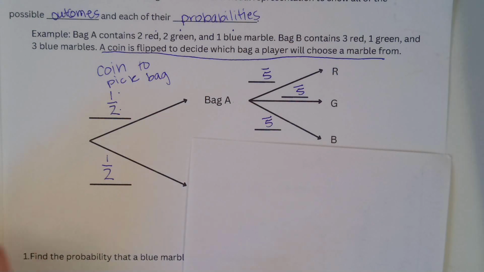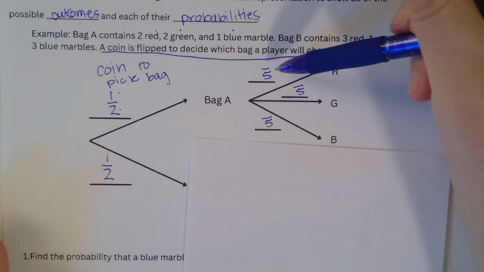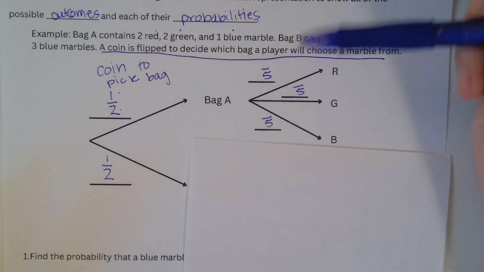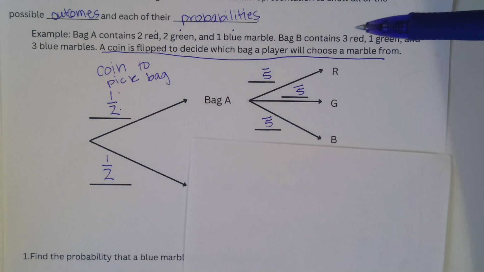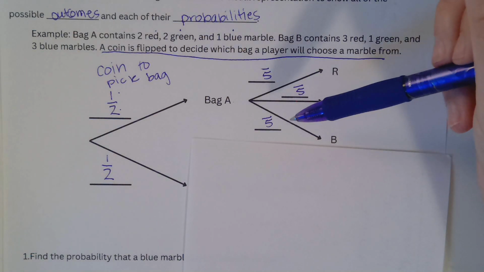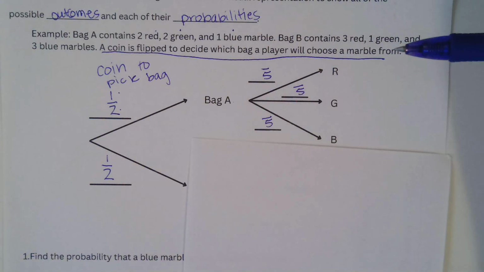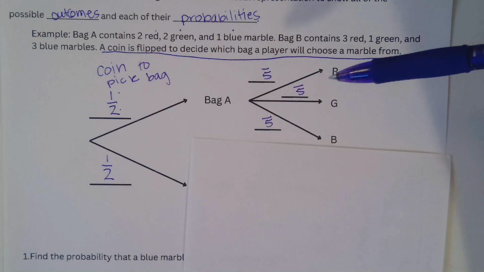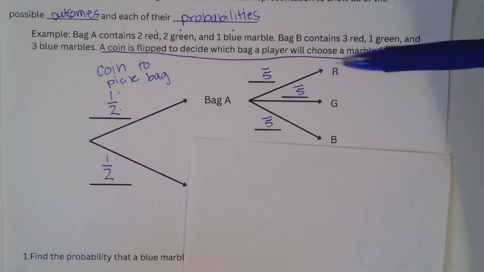And you might ask, Miss Barnell, why are you doing that? That's because my total number of outcomes is 5, so the probability of pulling anything from that bag is going to be out of 5. Then I figure out how many of those marbles are red.